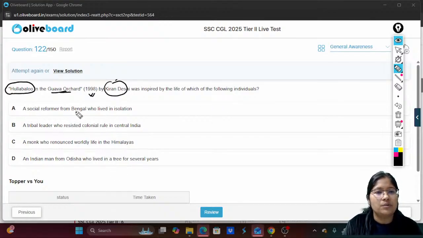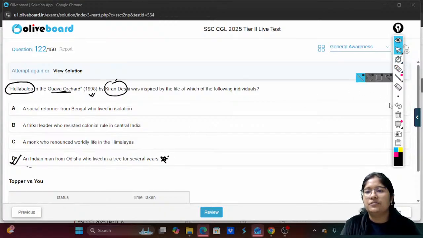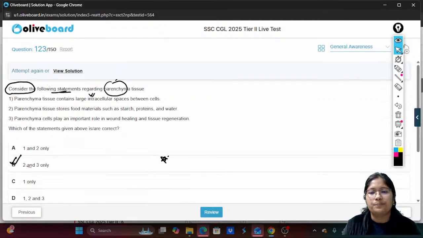A social reformer from Bengal who lived in isolation, a tribal leader who resisted colonial rule in central India, a monk who renounced worldly life in the Himalayas, a monk who sold his Ferrari by Robin Sharma, it looks like. An Indian man from Orissa who lived in a tree for several years. So the answer here is an Indian man from Orissa who lived in a tree for several years.